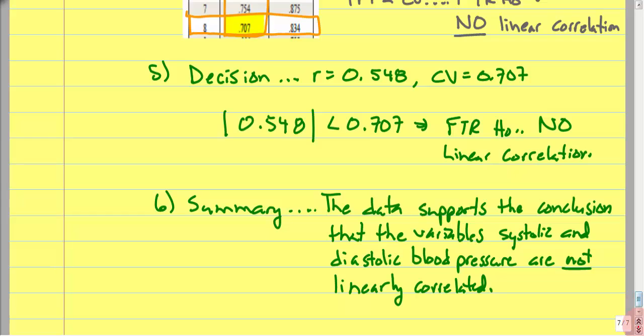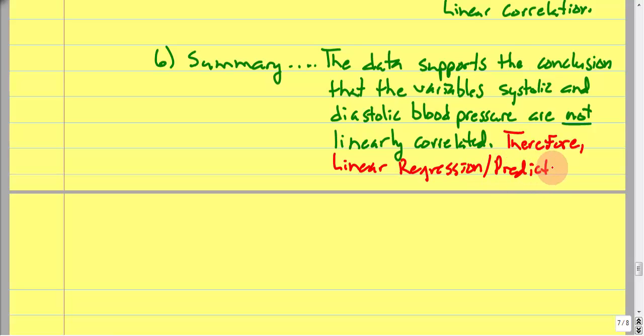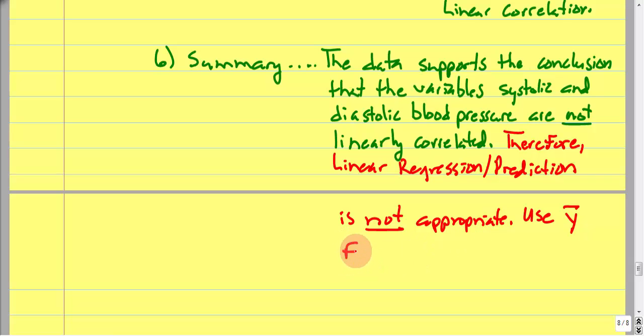Now, the big important takeaway from this is therefore linear regression/prediction is not appropriate. So we need to use y bar for all prediction.